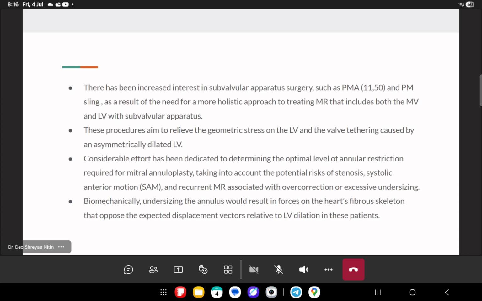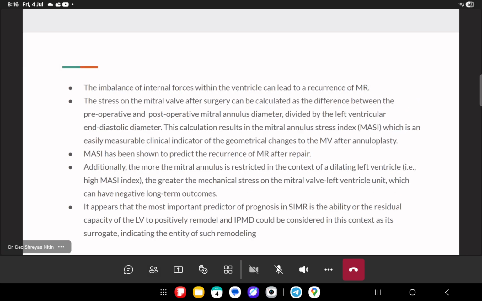Biomechanically, undersizing the annulus would result in forces on the heart's fibrous skeleton that would oppose the expected displacement vectors relative to left ventricle dilatation in these patients. The imbalance of internal forces within the ventricle can lead to recurrence of mitral regurgitation.